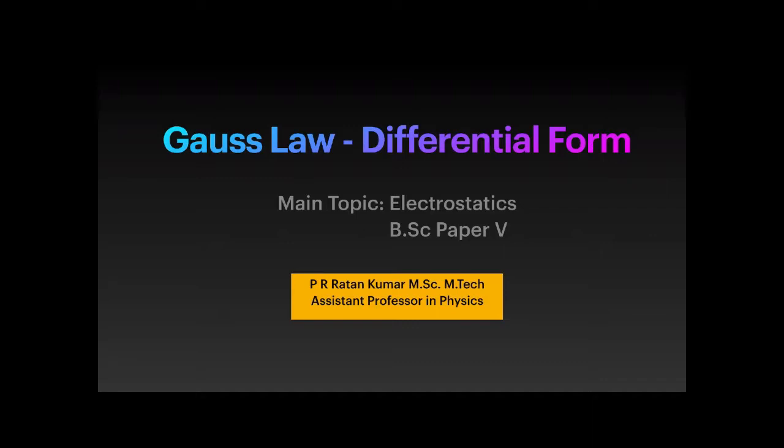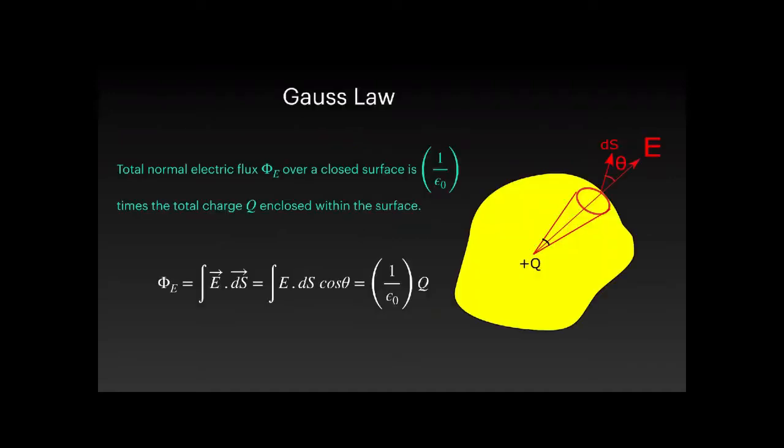So if there is no charge inside the surface, there is no flux over the surface, so you will get a total flux equal to 0. We have already discussed Gauss law in integral form. Now we will discuss the differential form. Let's look into it.